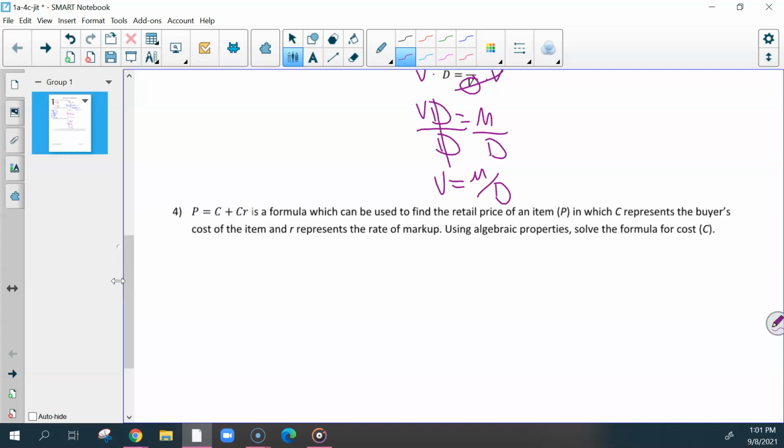The last one, there were many problems on the Delta Math that were similar to this. Basically when we go to solve this, it'll look like how we're going to solve it, where you had parentheses. So this is a word problem and that freaks us out because we're like, okay, what's important? I don't know.